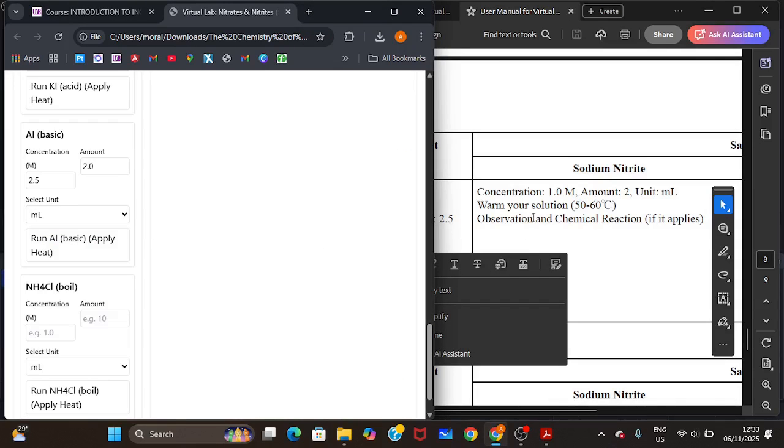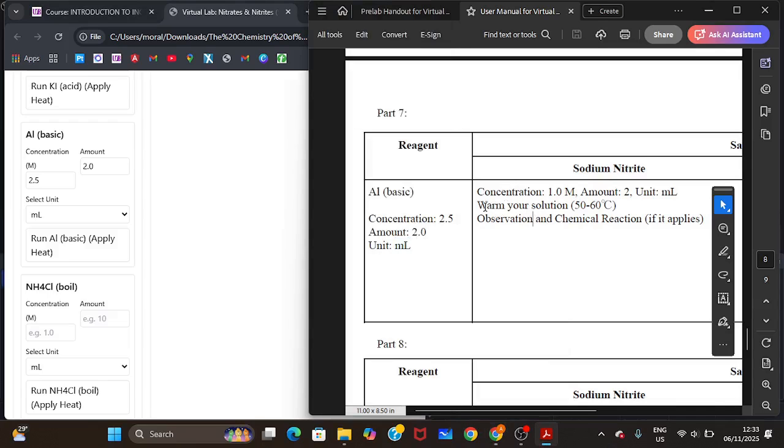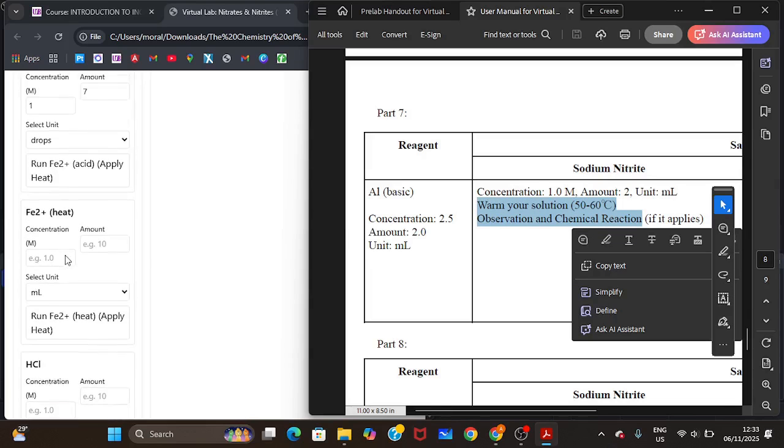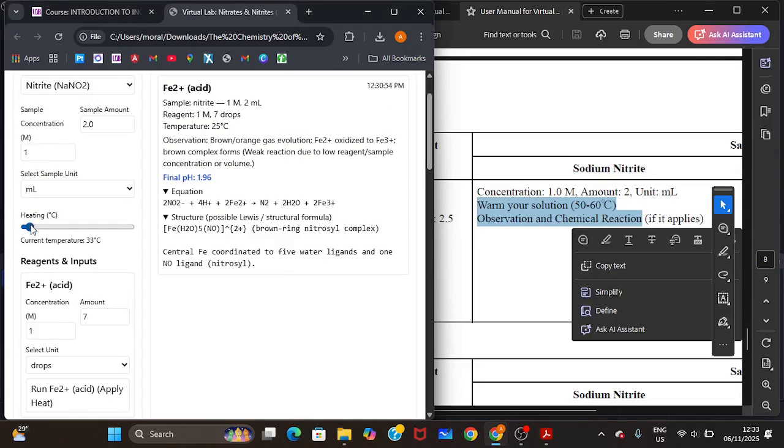Okay. Now, if you look closely here for this specific reaction, you're being asked to warm your solution between 50 degrees Celsius to 60. And what you can do to adjust this temperature is simply go here to the temperature bar and simply adjust this temperature. If you guys notice, you'll see the different degrees in temperature change as you guys play around with this sliding bar.